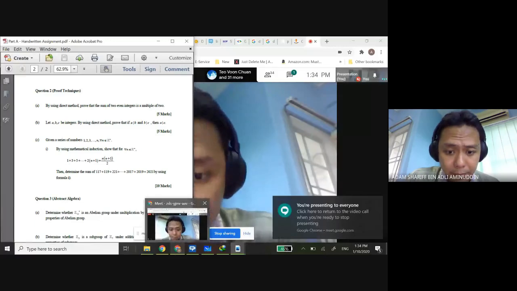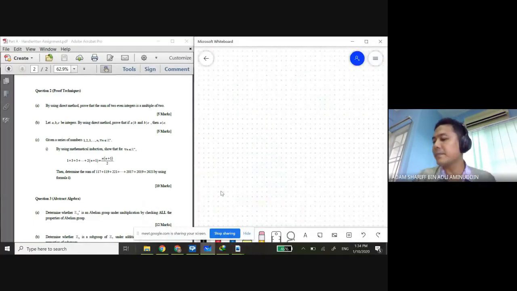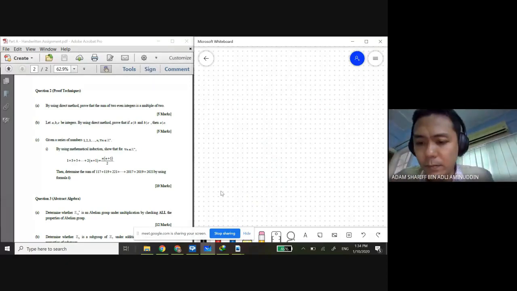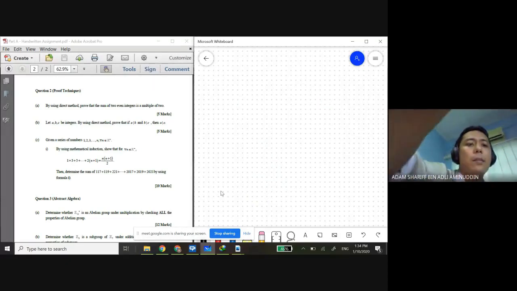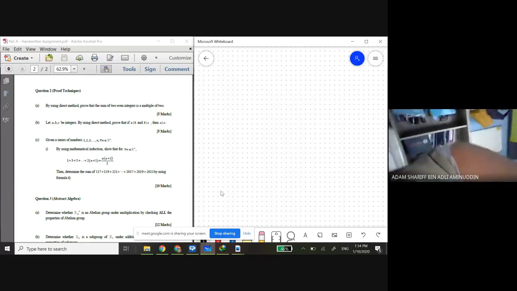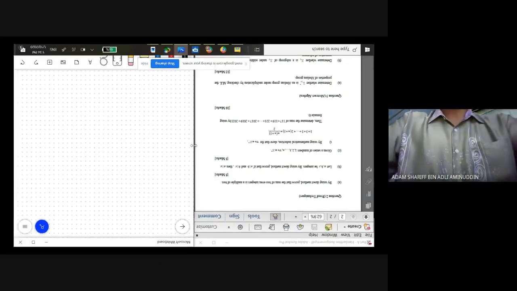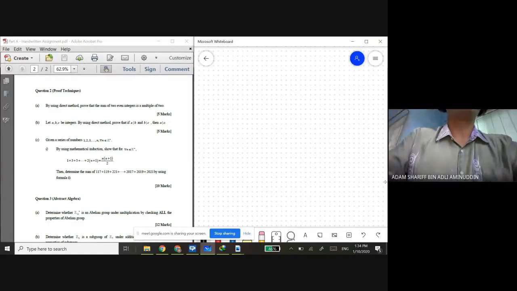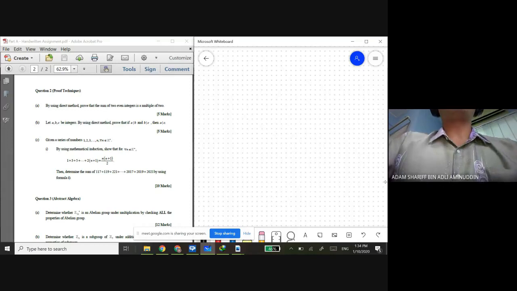Part A mana? Okay. By using direct method, prove that the sum of two even integers is a multiple of 2. Most of you guys get the first step right.